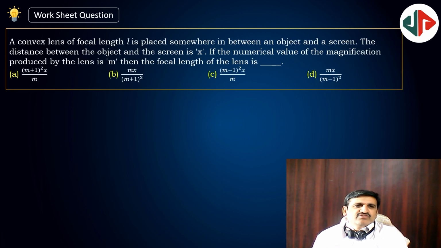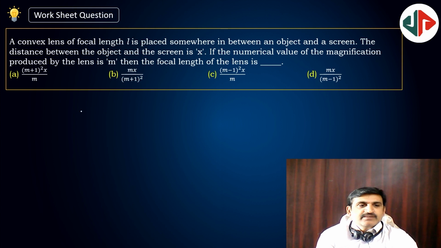A convex lens of focal length F is placed somewhere in between the object and the screen. The distance between the object and the screen is S. The numerical value of magnification produced by the lens is M. Then what is the focal length of the lens? In terms of magnification and the distance between object and screen, we need to tell the magnification.